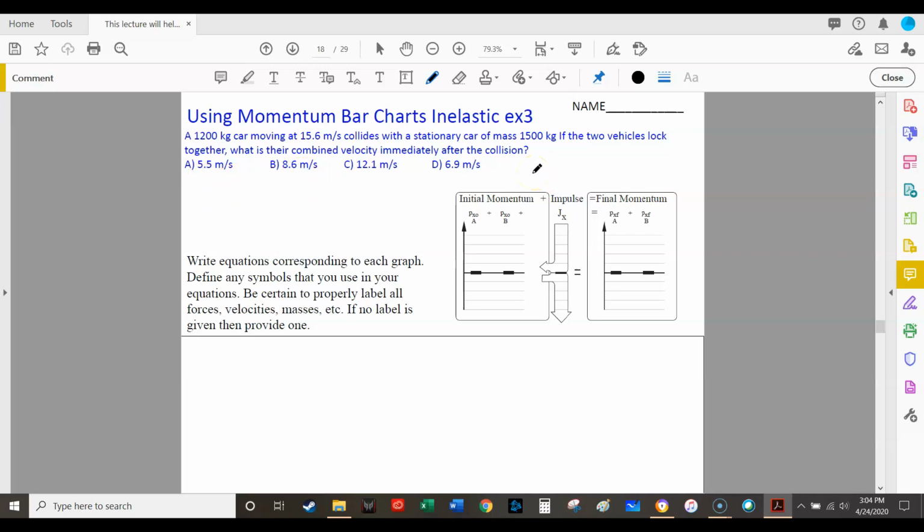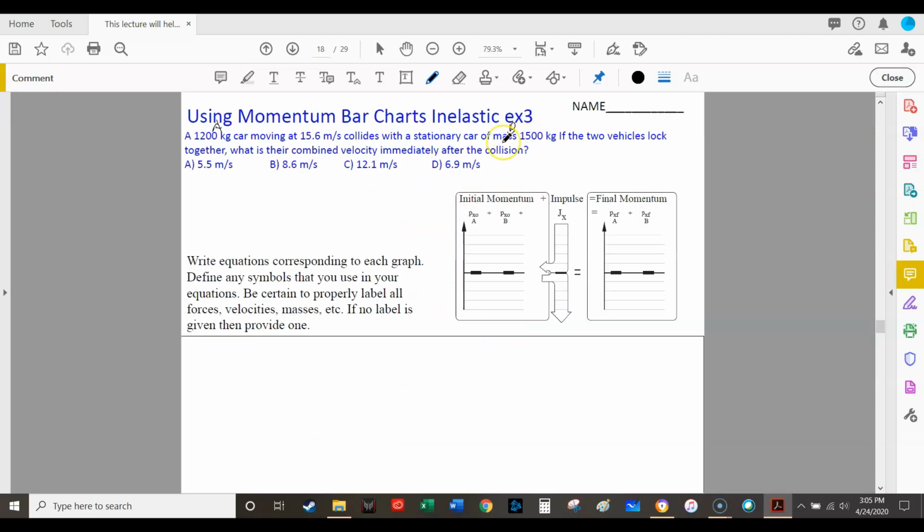All right. So what I want you to do now is storyboard the problem, getting a diagram, drawing the velocity vectors, writing in the masses, labeling the masses. We'll call object A the 1,200 kilogram car, and we'll call object B the 1,500 kilogram car.